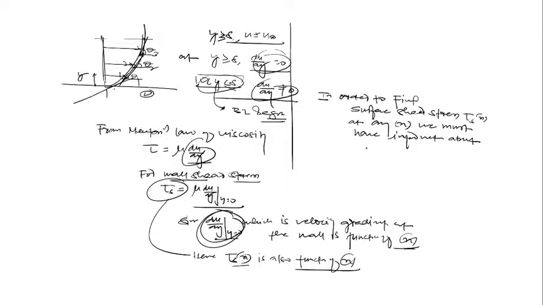The surface velocity gradient, meaning du/dy at y equal to 0, meaning at the surface at that x, and which is very difficult. Yes or no? How can we find the velocity gradient at all x?